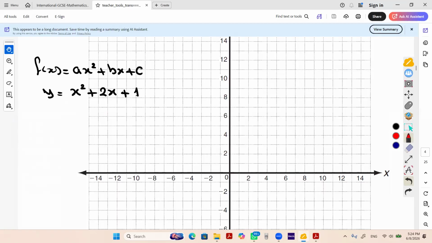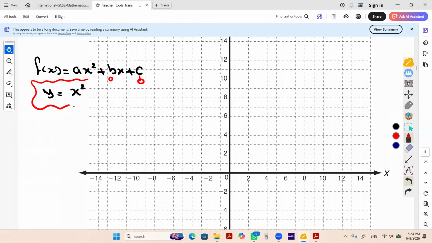Maybe c is 0, so in this case this number is 0. And maybe also b is 0. In this case, the second term, which is bx, also will be 0. So the quadratic function in this case is only y equals what?